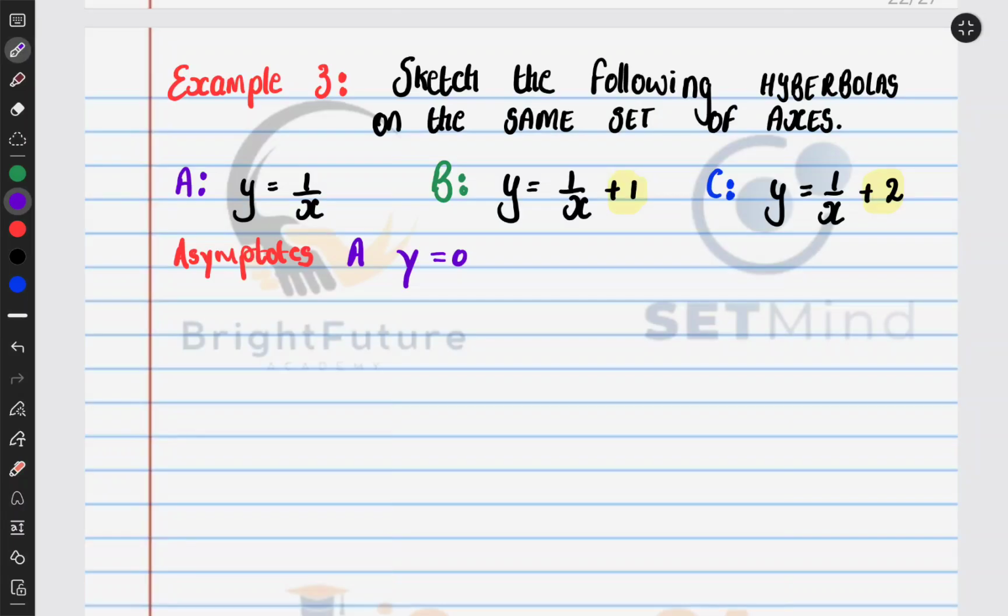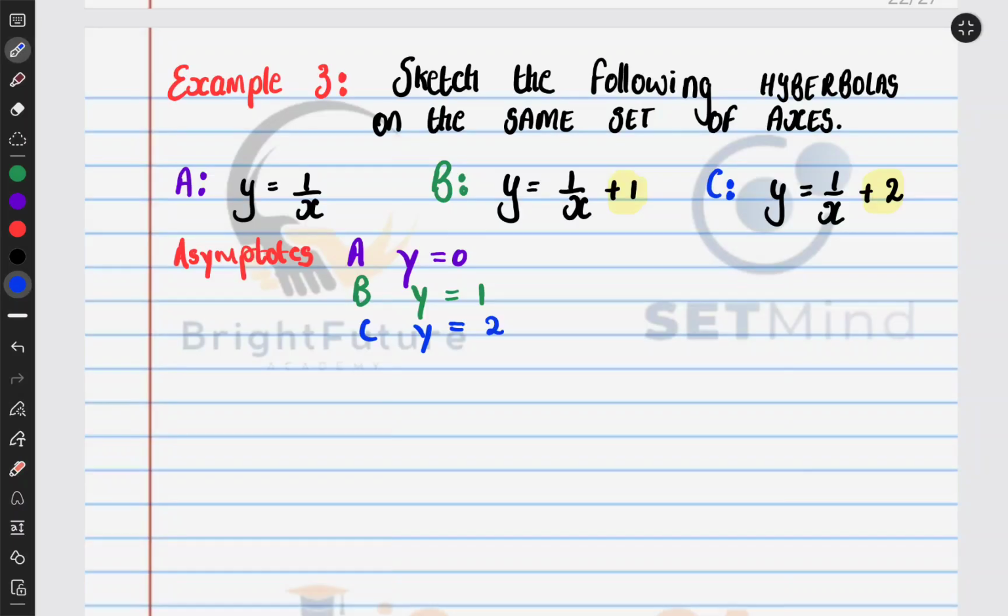So when you are asked to determine the asymptote of the b function, you just take it as y is equal to 1. That's your horizontal asymptote. And then for the function c, the asymptote will be y is equal to 2 now.